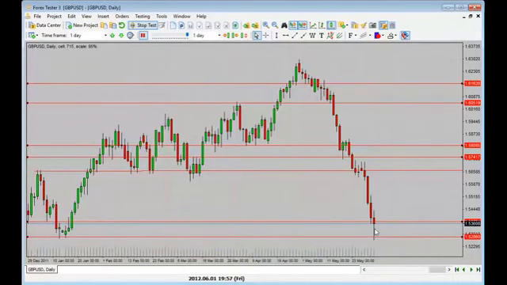So overall, the bias is to the downside. But now, because we are into support and because of this large pin on this candle here, I am looking for price to maybe try it once again and then push up from here. So bias is to the downside, but I'm looking for price to push up after testing the low. So let's see if we get that.